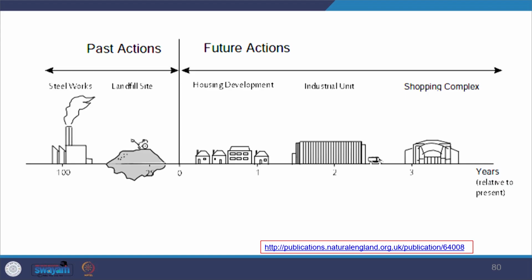How much can you really cover of future projects? You need to look at that. You need help from the stakeholders and the authorities. You cannot take all the future projects, only the projects which are likely to impact your VECs, and you might also consult with the authorities in this regard.